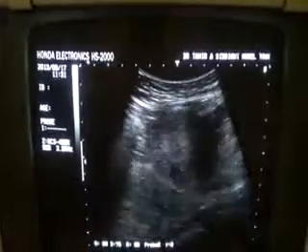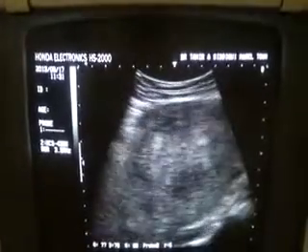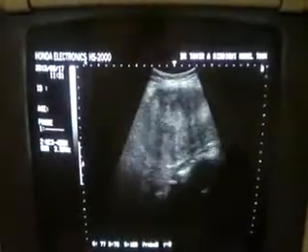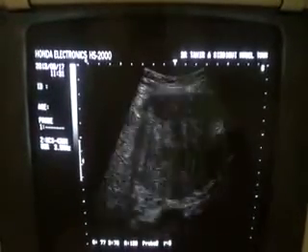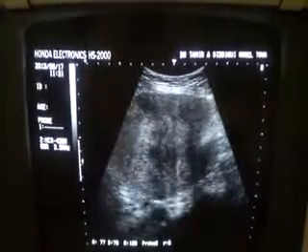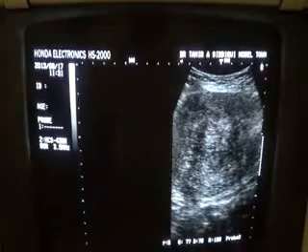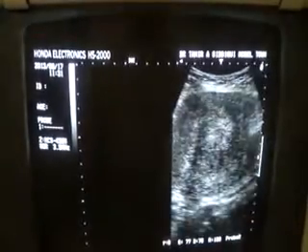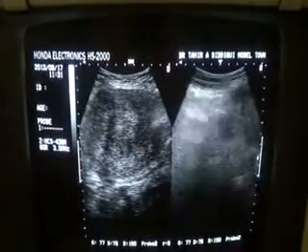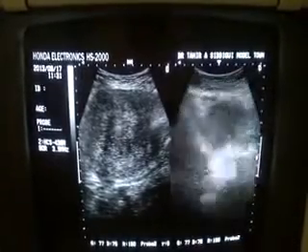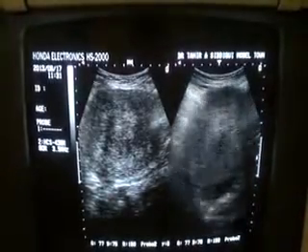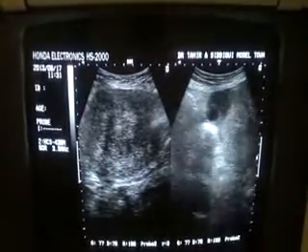And when I move the probe towards the left side, I see a whirly appearance, heterogeneous solid mass, which is a fibroid. This fibroid relates to the anterior uterine wall and then extends laterally.